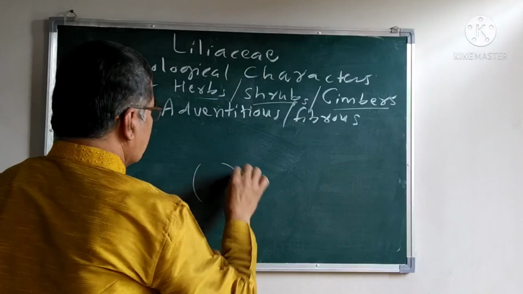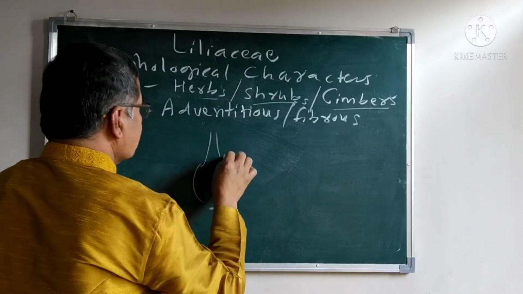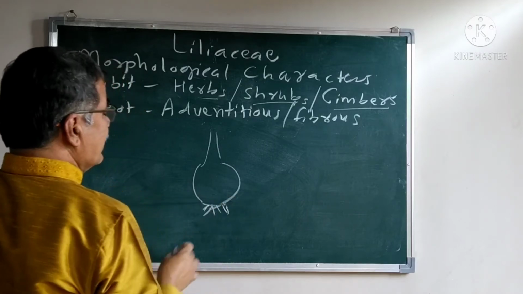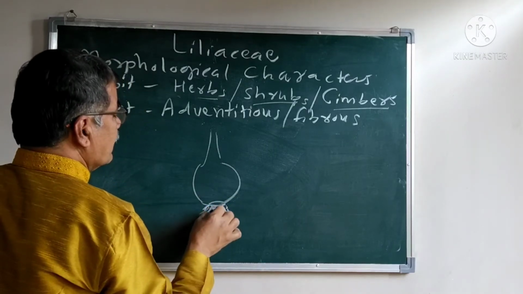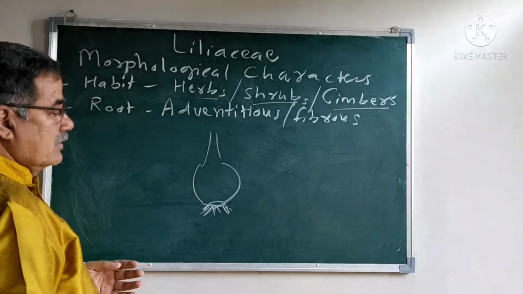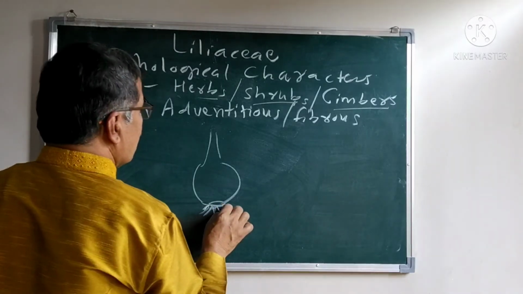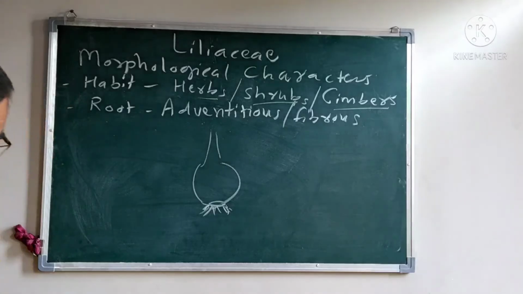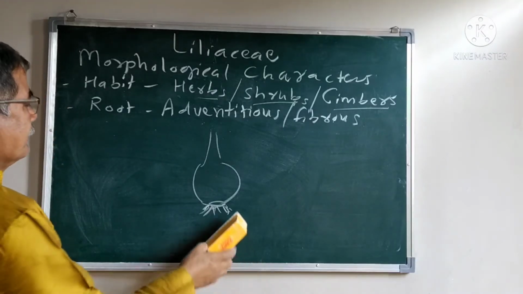Suppose one plant is considered here only. That is the onion. From the base of the onion, the roots come out. These roots are known as the fibrous or adventitious root system.